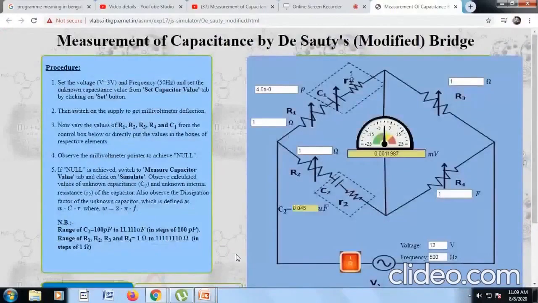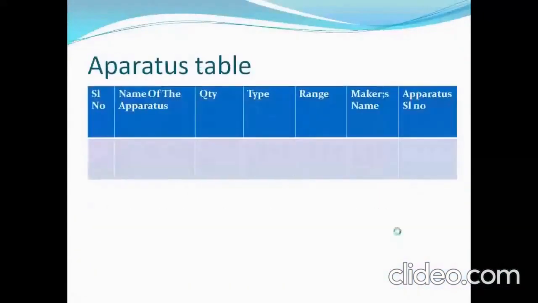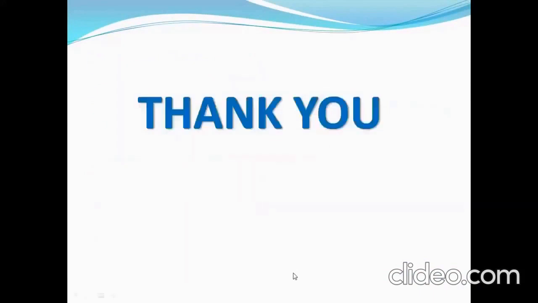You can see here we set the value C1 is 0.045, and the given capacitor value is also 0.045. So C2 equals C1, meaning 0.045 microfarad into R4 by R1, which is also 1.